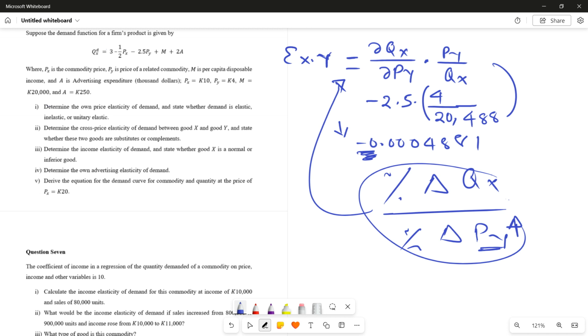Yeah. So you increase the price of good Y, the demand for good X is actually falling, which means the two goods are complementing each other. So they are complements. In short, if cross price elasticity is negative, you are dealing with complements. If cross price elasticity is positive, you are dealing with substitutes.